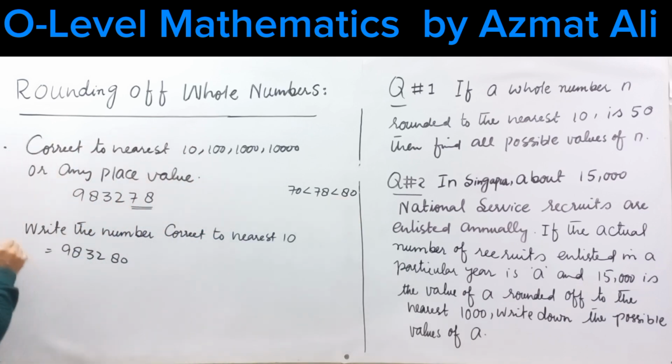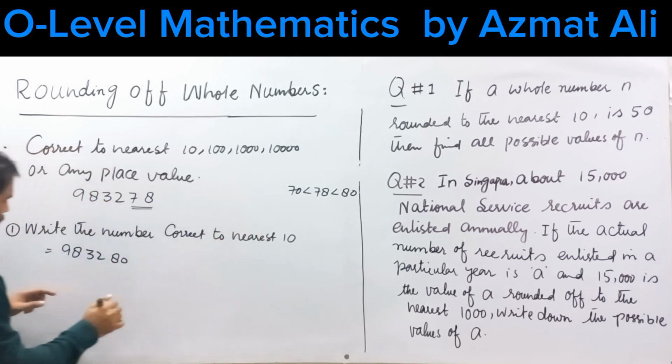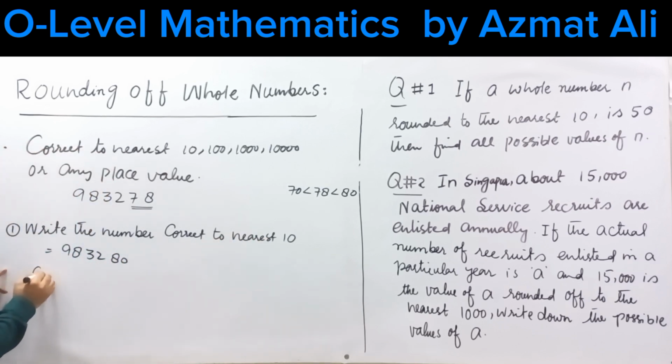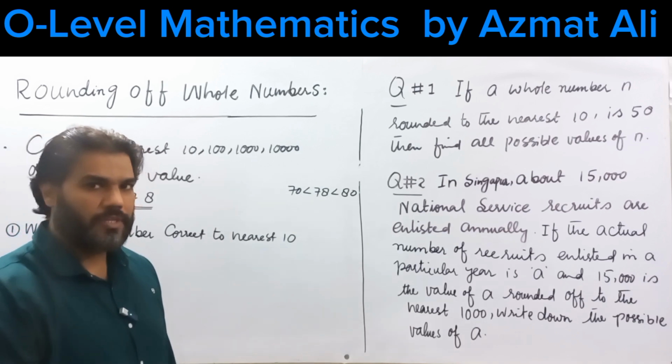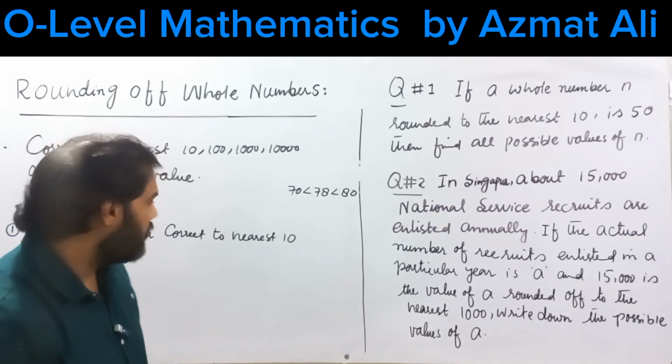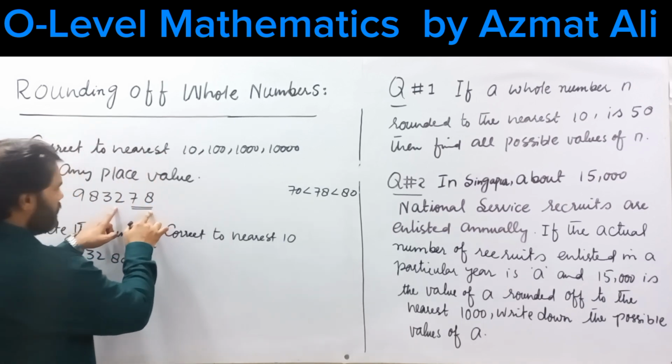Suppose our next question is to write the number correct to the nearest 100. As 100 consists of 3 digits, we will choose the last three digits. The last three digits of the number are 278.